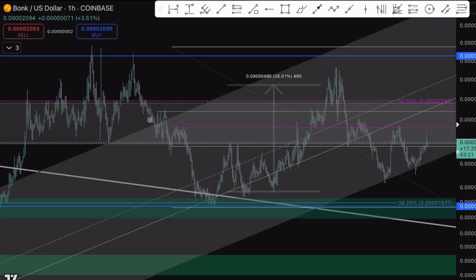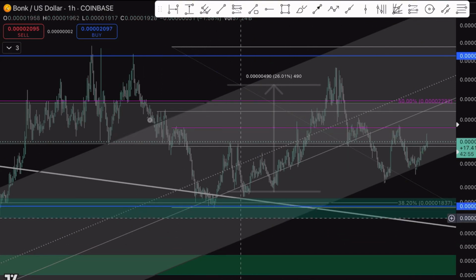And I was paying attention to BONK based off of it hitting certain areas that I have drawn on the chart. So for those who are new to my videos about my trades, I mark out the green areas as potential buy areas or demand zones.